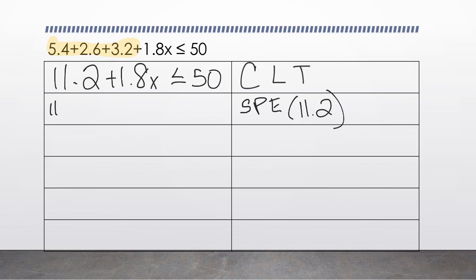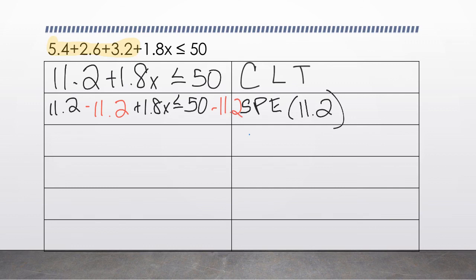So I have 11.2 minus 11.2 plus 1.8x is less than or equal to 50 minus 11.2.